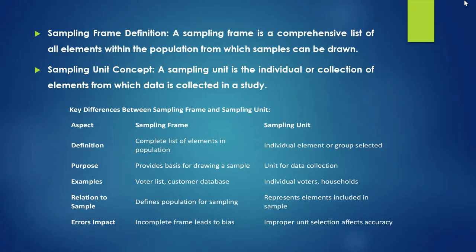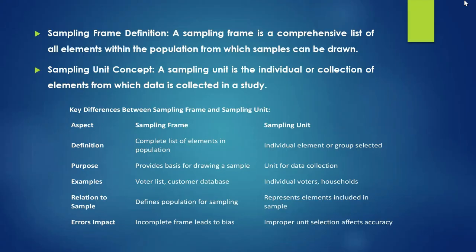A sampling frame ensures that every element of the population has a chance of being included in the sample. It helps in minimizing errors by providing a well-defined list of eligible units. It enables researchers to apply appropriate sampling techniques, especially in probability sampling.